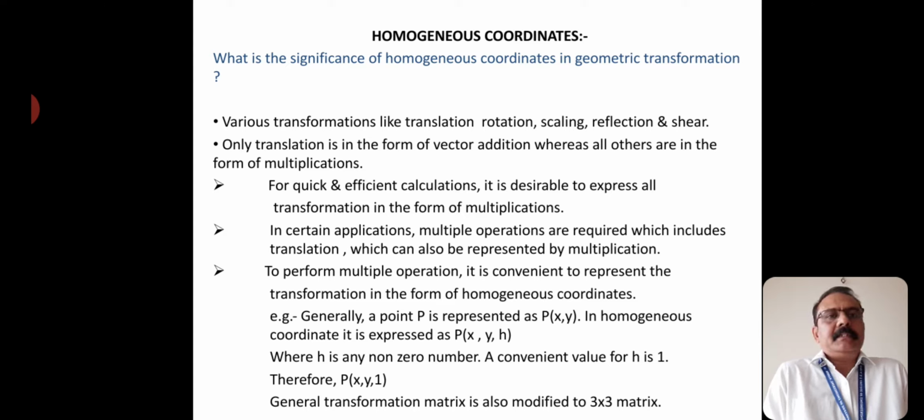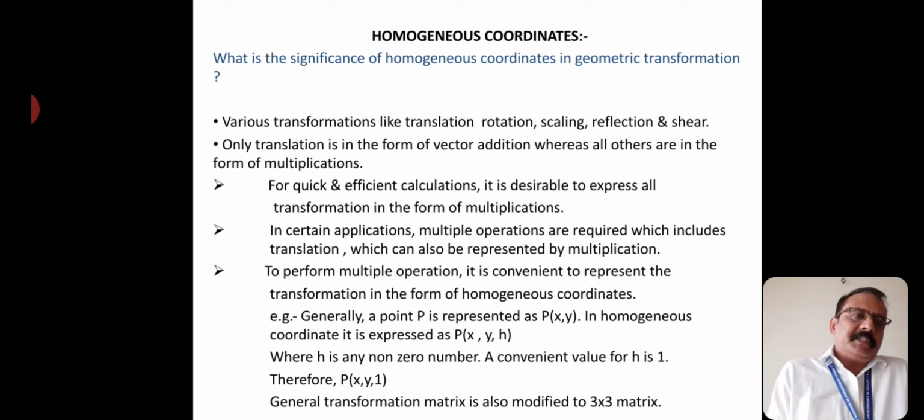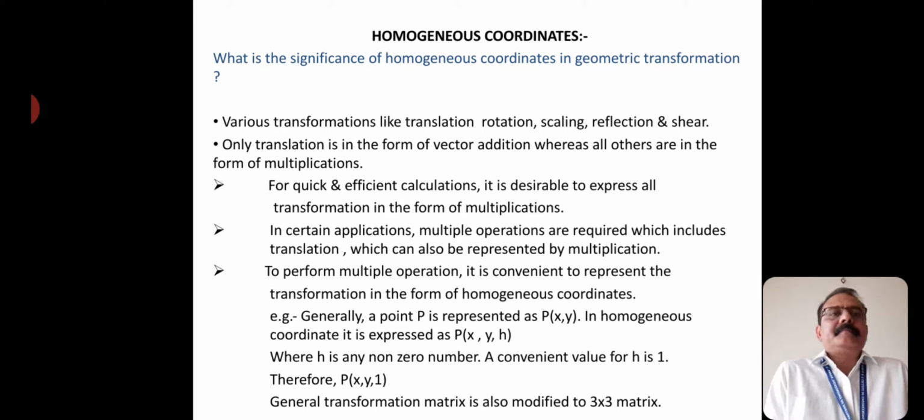The first reason is for quick and efficient calculation, it is always desirable to express all the transformations in the form of multiplication. Also, in certain engineering applications, we require multiple operations, which sometimes include translation, which can be represented by multiplication.